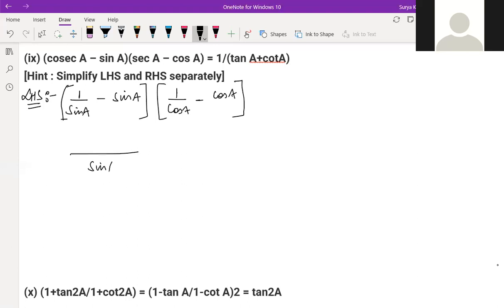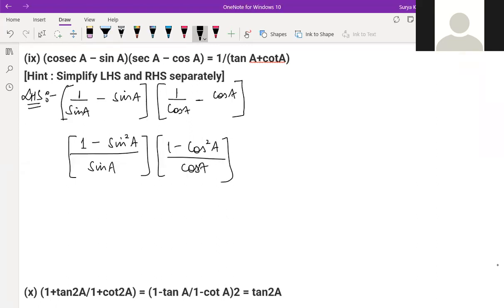Sine A is the LCM, so we can write here 1 minus sine square A. Again, we can write 1 minus cos square A, cos A. 1 minus sine square A is cos square A divided by sine A multiply by sine square A divided by cos A.